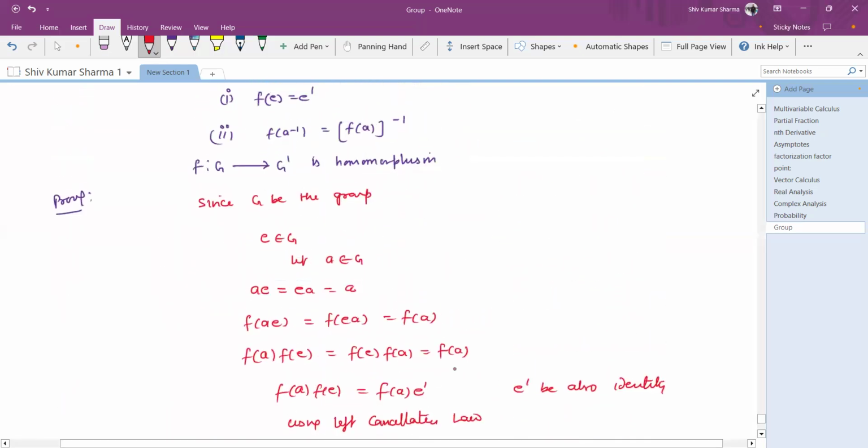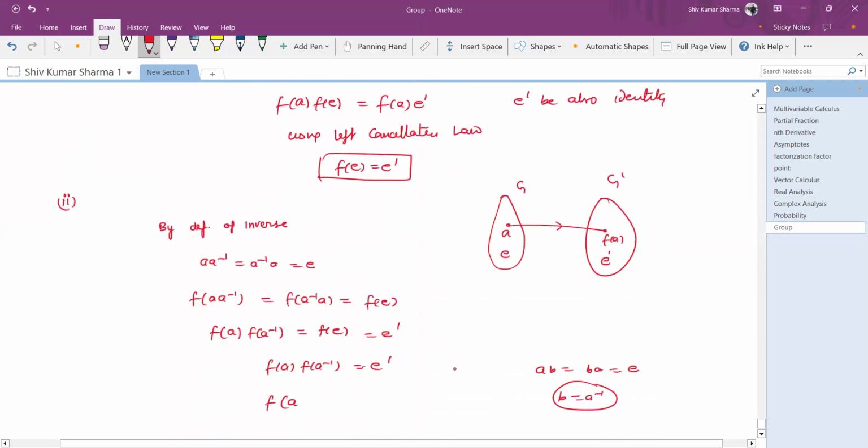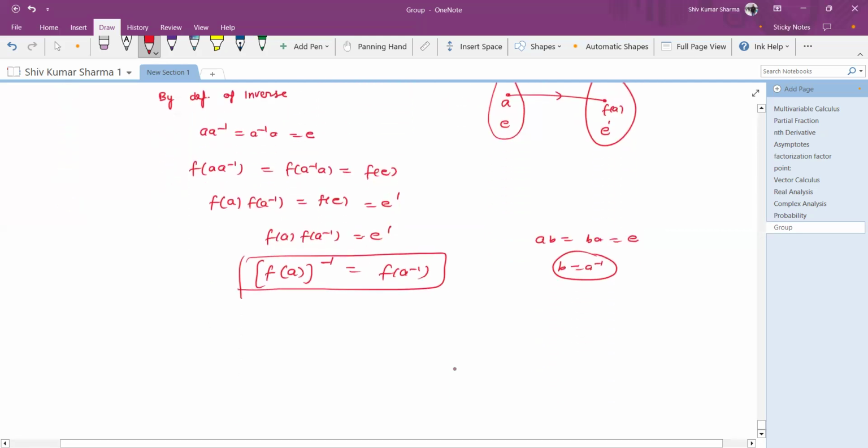That means we have proved that f(A) to the whole inverse is equal to f(A inverse). This is the second property, using the definition of homomorphism.